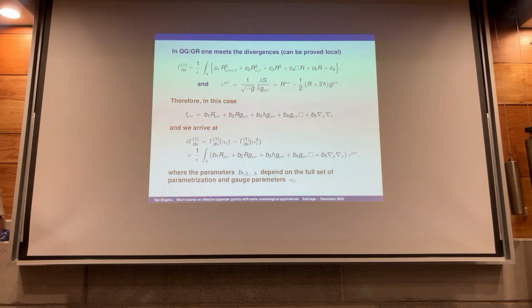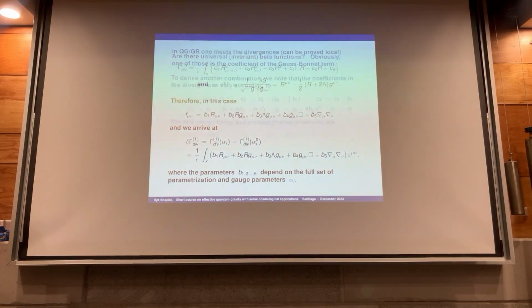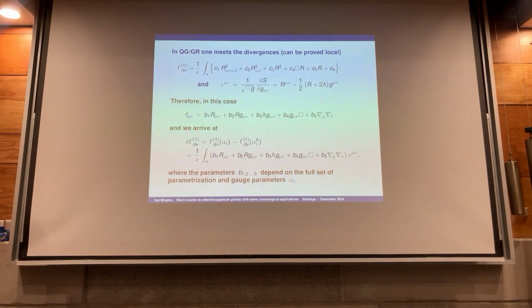And now we can do the following. If we combine these formulas, you can see the following. Here coefficients are C1, C2, C3, C4, C5, C6. This is what you calculate using, let's say, alpha 0, right?